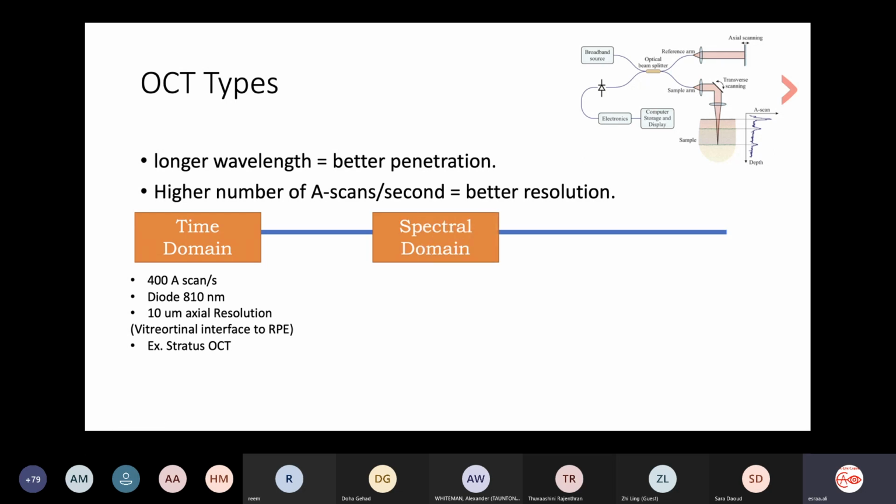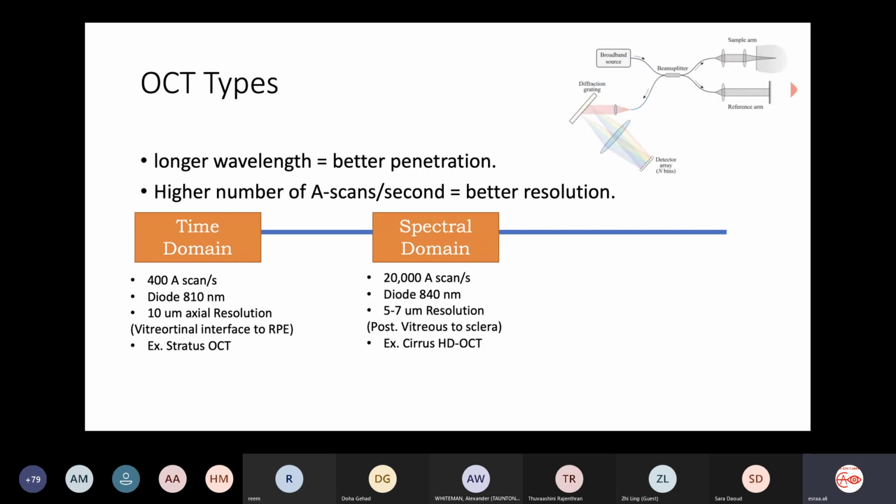And then we developed the spectral domain, which can give us 20,000 A scans per second. Imagine the amount of information you're collecting per second. It's huge.